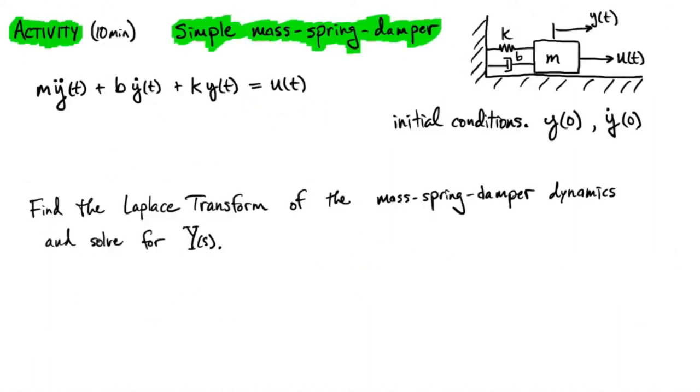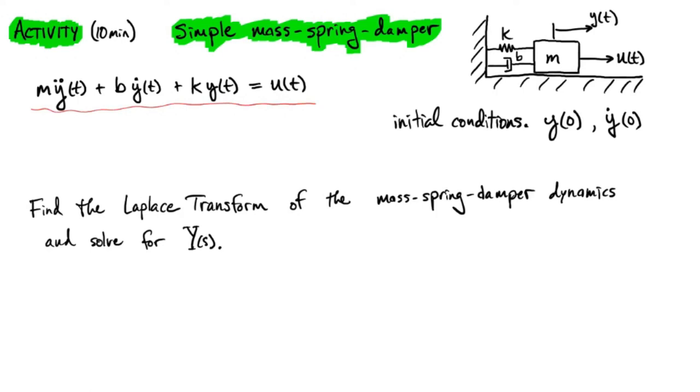In this activity, we're going to return to our constant companion, the simple spring mass damper, or you can say it in whatever order you want, mass spring damper. And our interest here is to apply all of the techniques that we have learned about the Laplace transform in order to convert this differential equation that we've already now learned how to model.